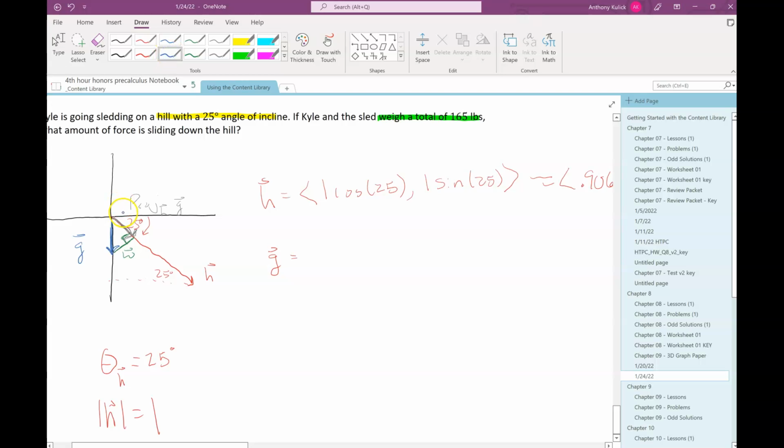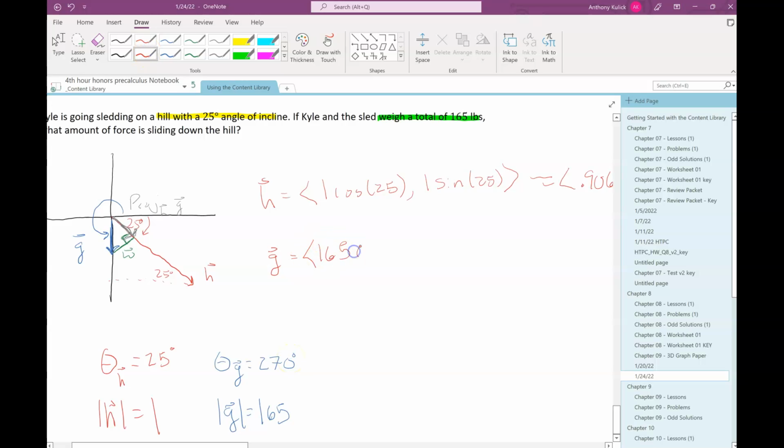So now for our vector G, the direction for G is 270, and the magnitude of G is 165.